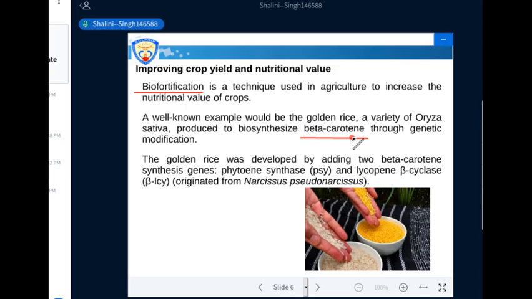One is the phytoene synthase (PSY) gene and one is the lycopene beta-cyclase (beta-LCY) gene, which originated from a plant, the daffodil. And here you can see the comparison of normal rice and golden rice. The golden rice has a yellowish color due to the production of beta-carotene. If beta-carotene is present in your diet, your body can make vitamin A from it. That's why this is known as golden rice, which is rich in vitamin A.